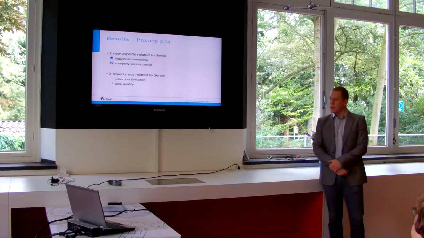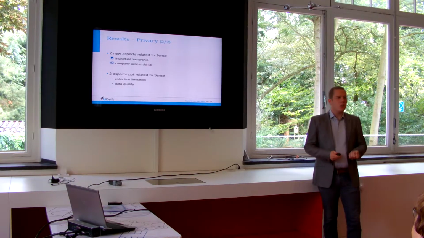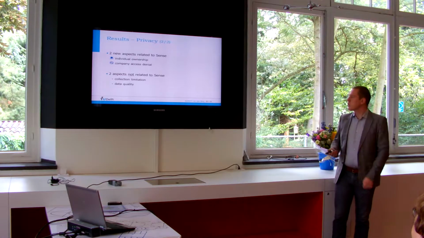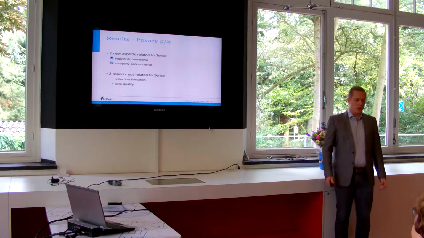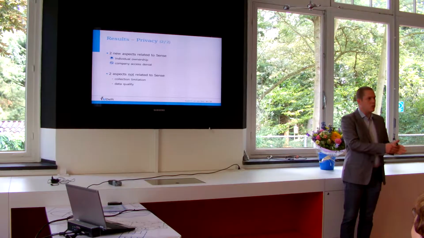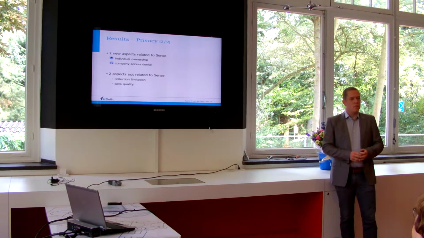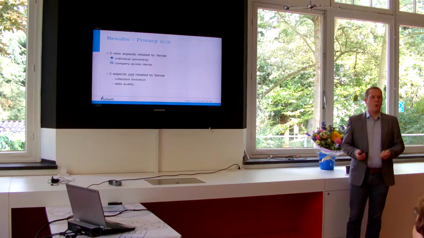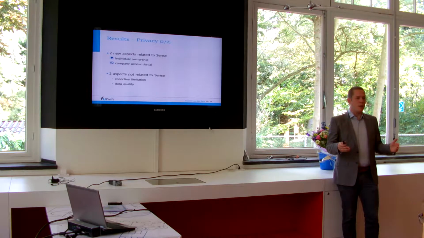And there were two aspects not related to Sense. The first was collection limitation, which covers the limitation of the amount of data that you collect and whether or not the data is reasonable to collect for the purpose that you set beforehand. But in the example that I gave, with the automatic recognition of whatever sports you are doing, it might be necessary to collect more data of which you do not know beforehand if it is useful for the task.